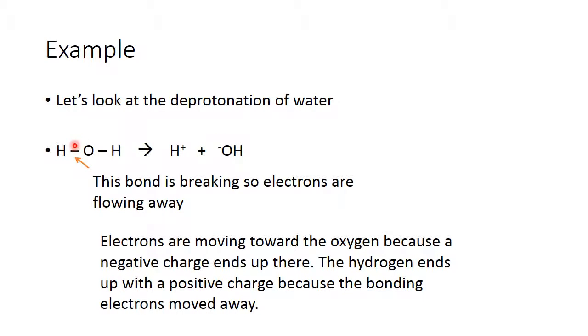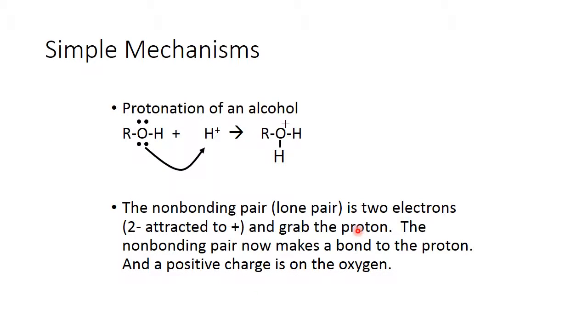So the oxygen's going to get a negative charge because the hydrogen's getting a positive charge, the electrons must be moving away from it. And so they're going onto the oxygen. Okay? We show it with an arrow, and so we show the flow of electrons. Electrons going from the bond onto the oxygen.